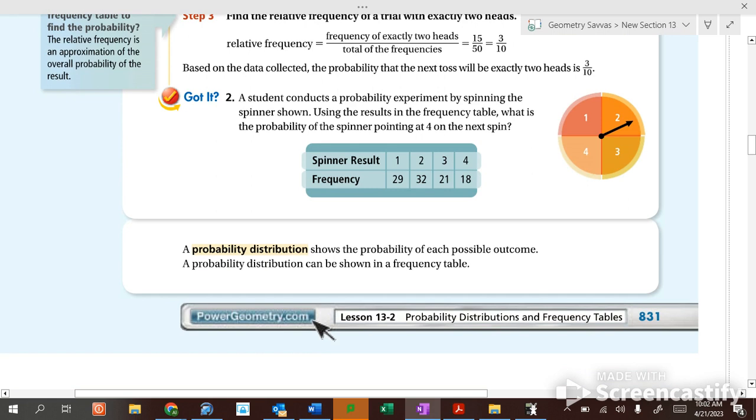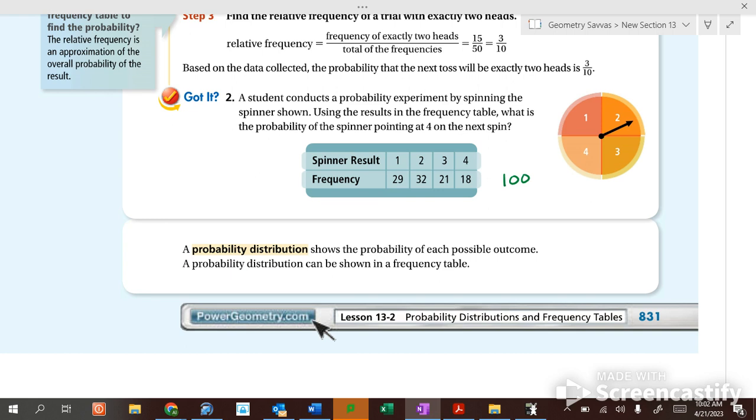So a student conducts a probability experiment by spinning the spinner shown, and uses the results on the frequency table to figure out what's the probability of getting a 4 on the next spin. Well, what's 29 plus 32? 61 plus 21 is? 82. 82 plus 18 is? 100.